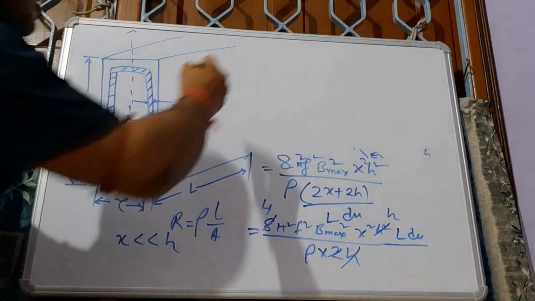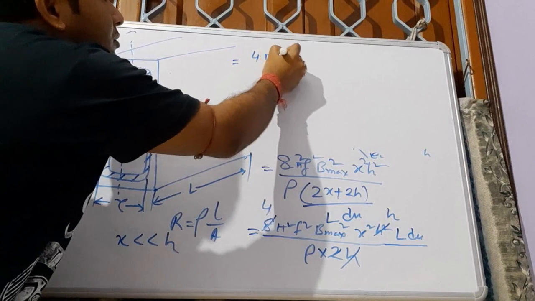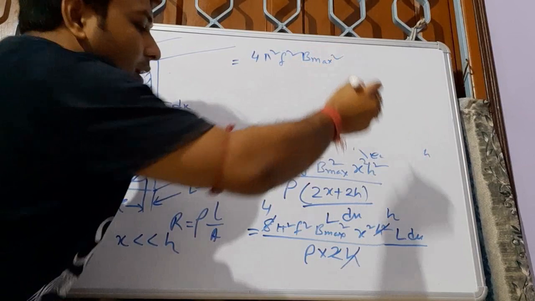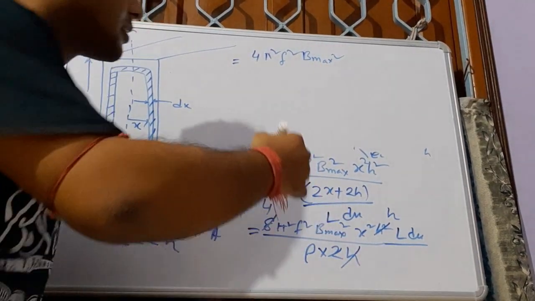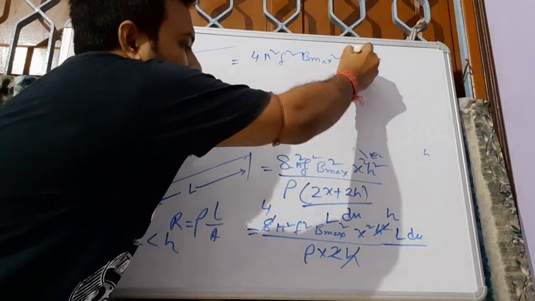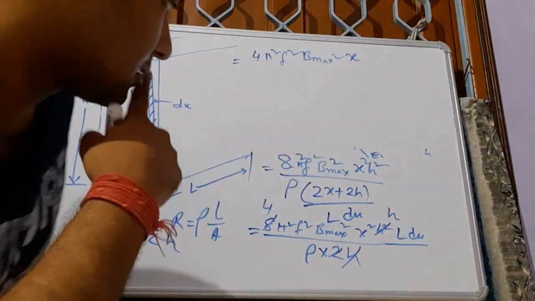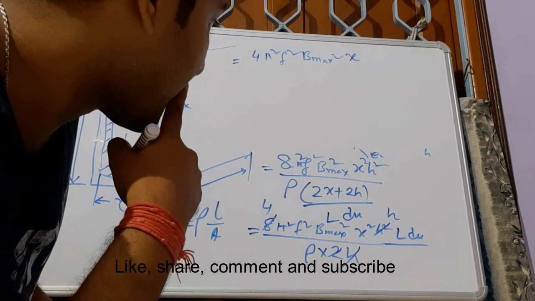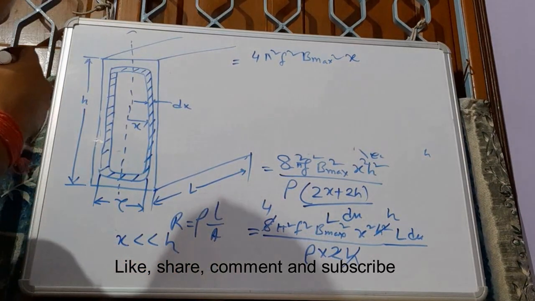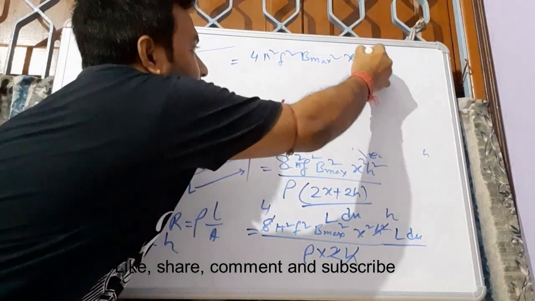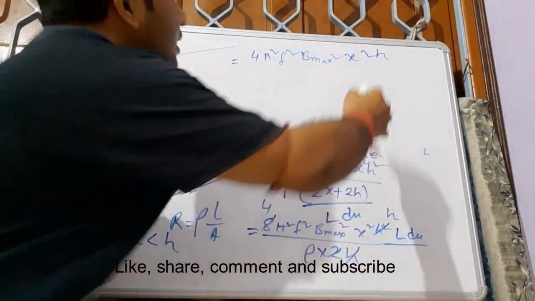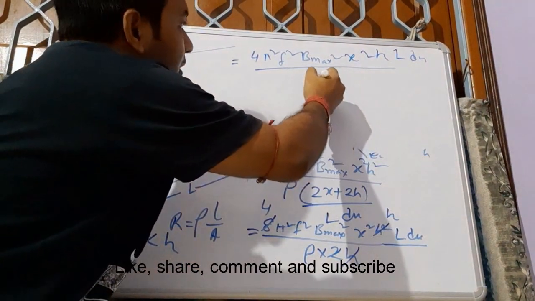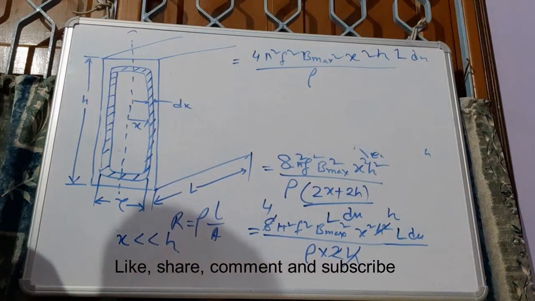We get 4 pi square f square B max square x square h L dx divided by rho, right?